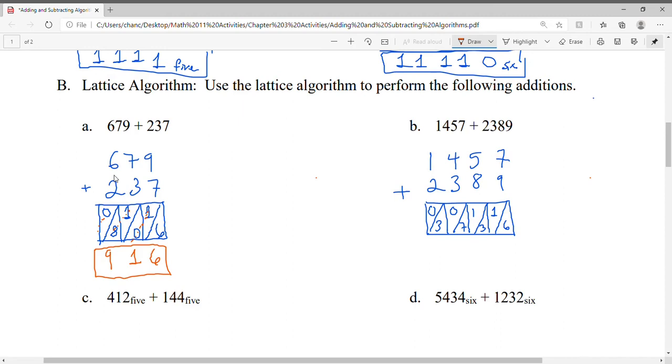For the first one, we always bring down that right number here, so we'll bring down the 6. Then we'll add the 1 plus 3, that gives me 4. 1 plus 7, that gives me 8. 0 plus 3, that gives me 3. And this here is 0, so we'll leave it out. So our solution, 3,846 using the lattice method.